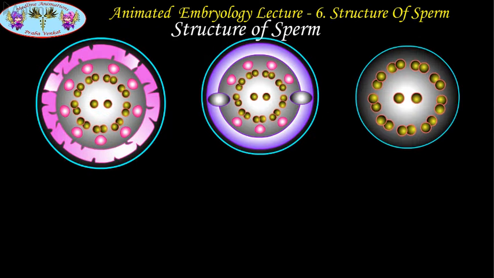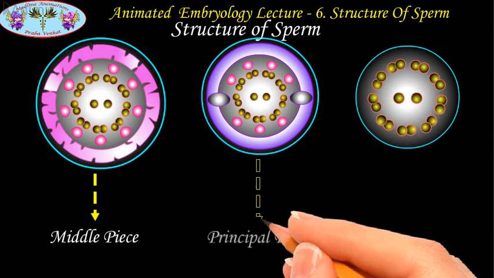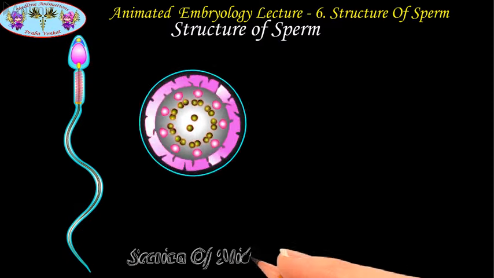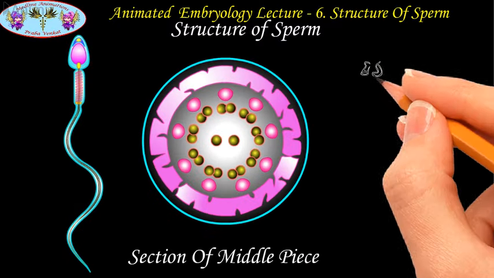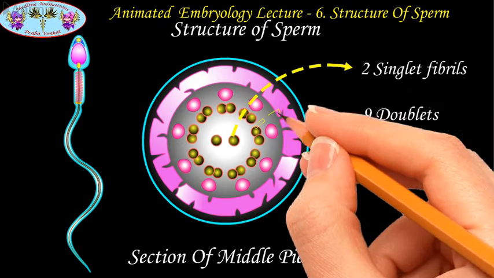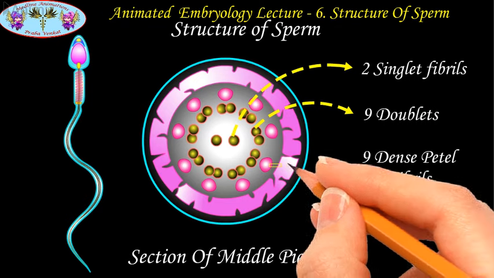On the screen, we can appreciate 3 transverse sections, each from the middle piece, principal piece and end piece of the sperm. The section of the middle piece shows 2 unfused singlet fibrils and 9 fused doublets in the center surrounded by 9 dense petal fibrils.